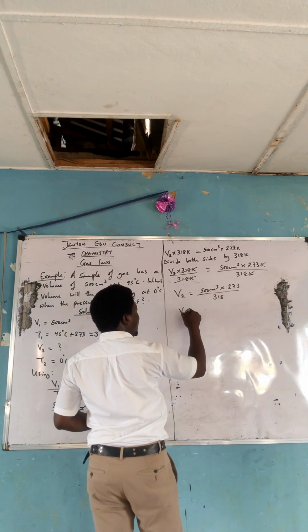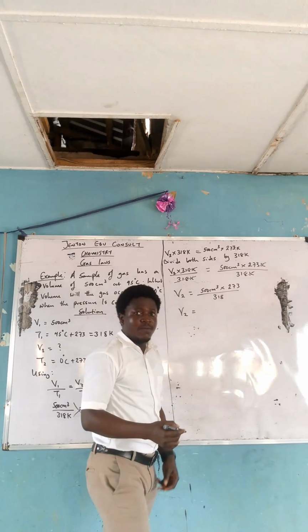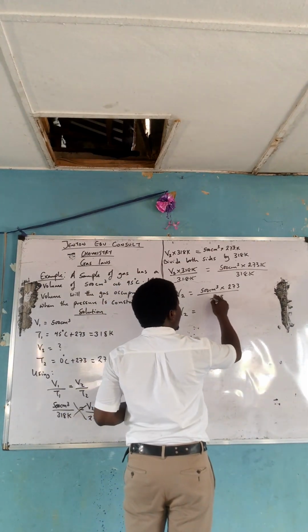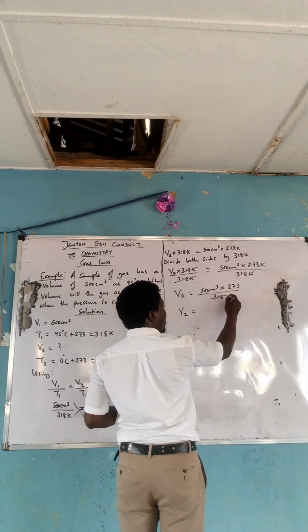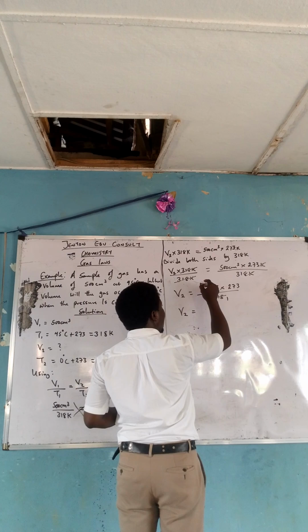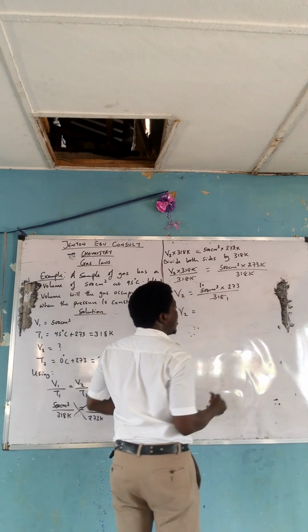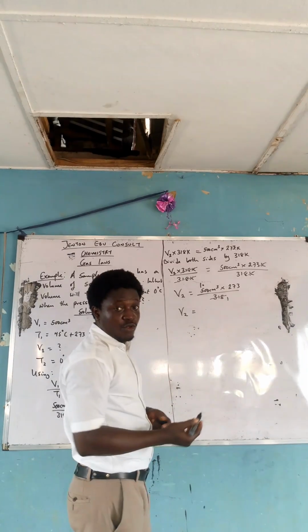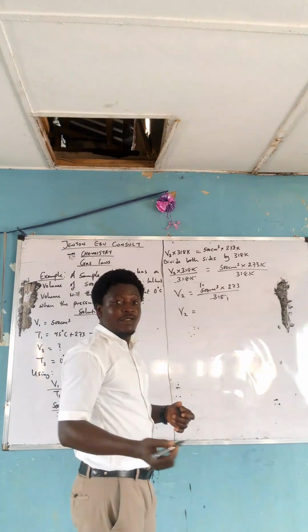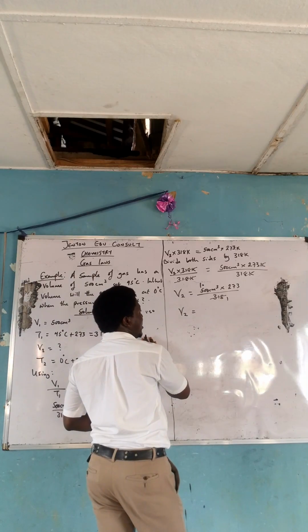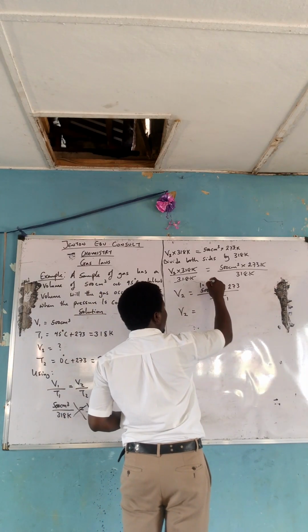So with this, my V2 will be equal to, we check to see how many times 318 will go in 500. It goes in one time. Put your decimal point. That means it will remain 82. So it will go in 820. 318 will go in 820 two times.